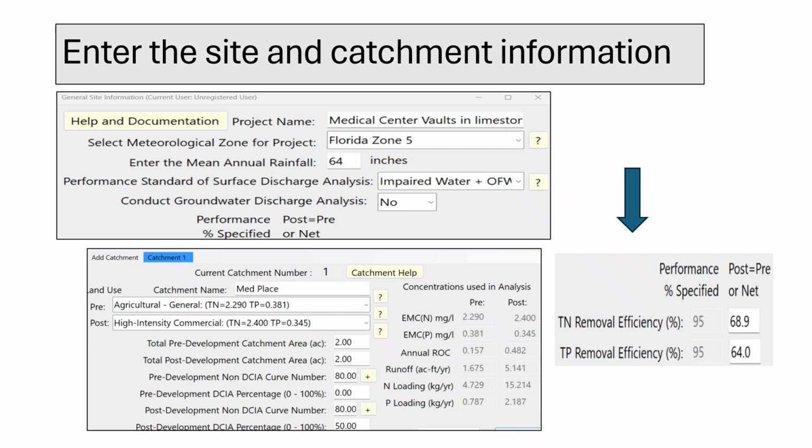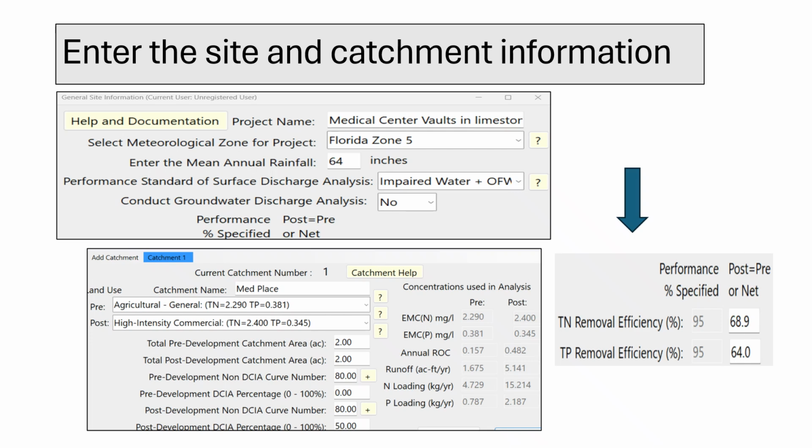An important consideration here is the performance standard. For any discharges into an outstanding Florida water or an impaired water body, we set the performance standard at the highest removal specification available, 95%. Regarding the site's environmental context, we note an annual rainfall of 64 inches, placing it within Zone 5.